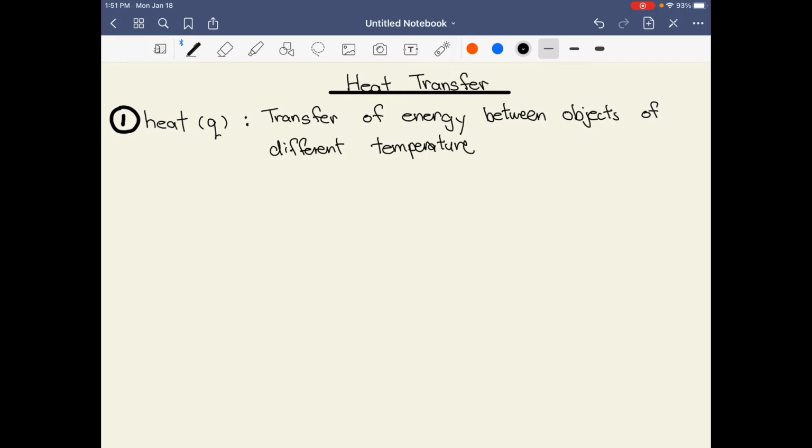As a result, the temperature will be high. If they're moving very, very slow, that means their kinetic energy is small, and so will their temperature. And heat, right here, Q, is representing a transfer of energy. So energy moving between objects, from one object to another.